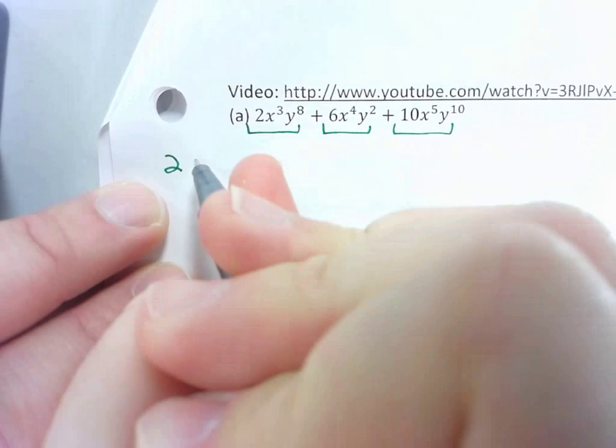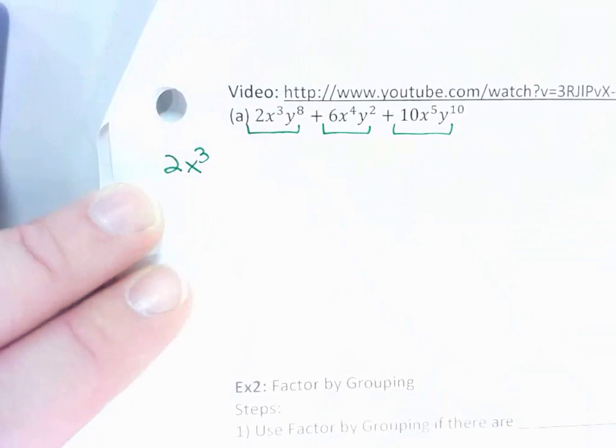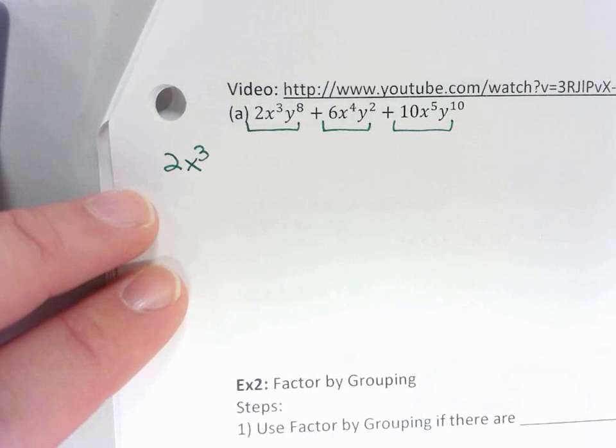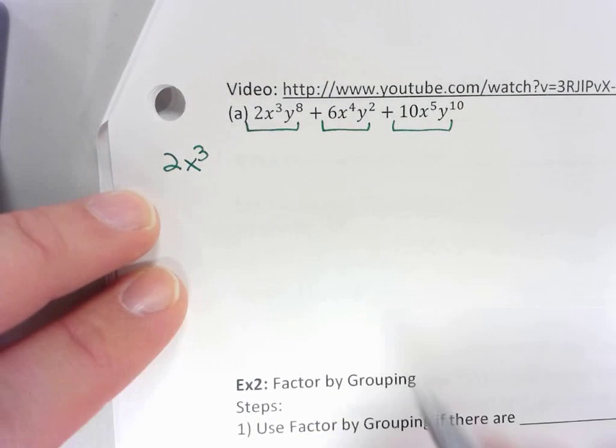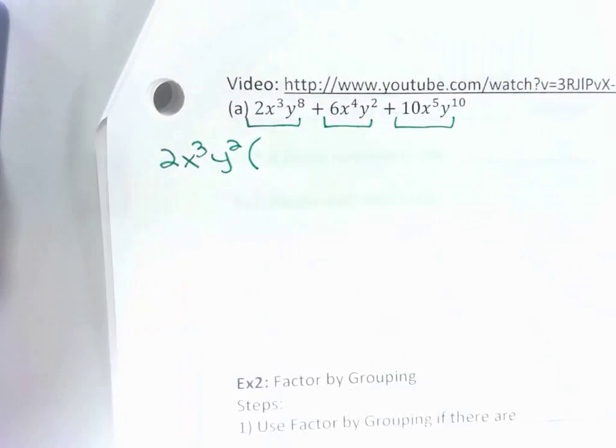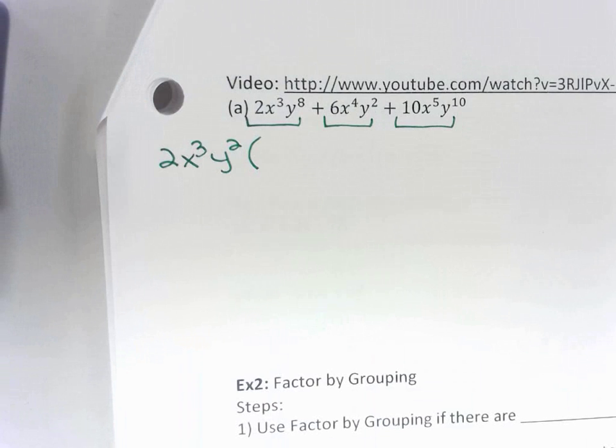So I'm going to take out GCF of x to the third. If I look at my y, they all at least have a y. Lowest exponent, y to the second. That is my GCF. It goes out front. I am factoring, so I'm writing it as multiplication. Something 2x cubed y squared times something.